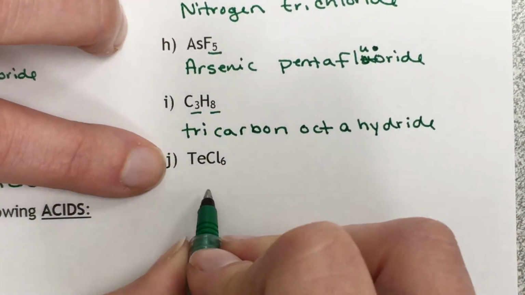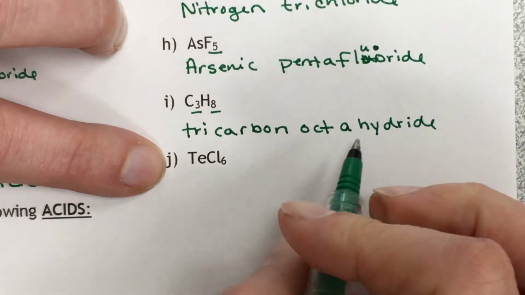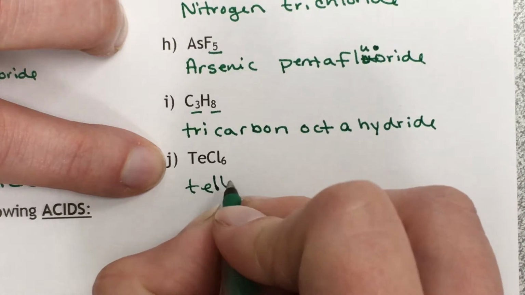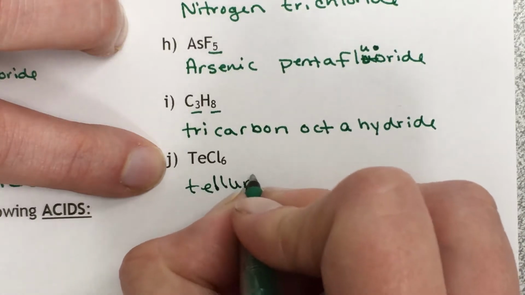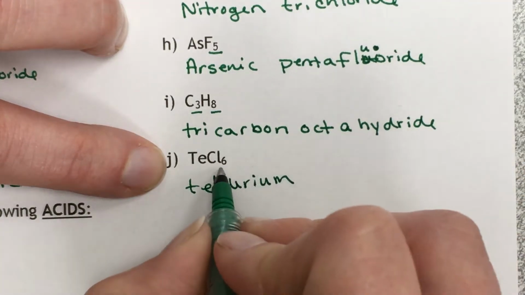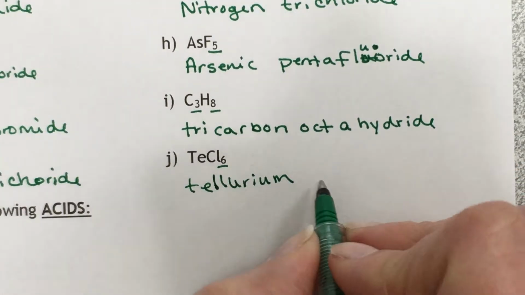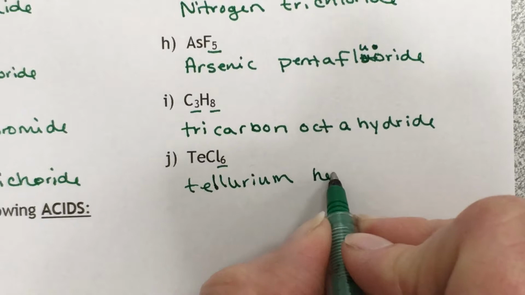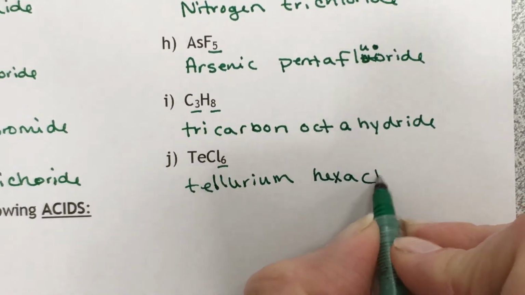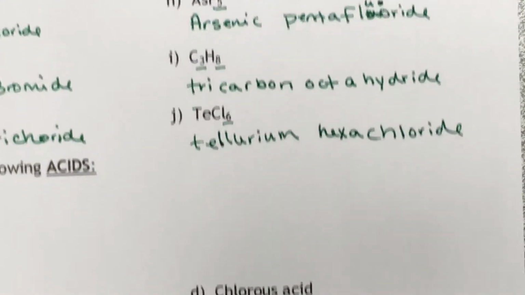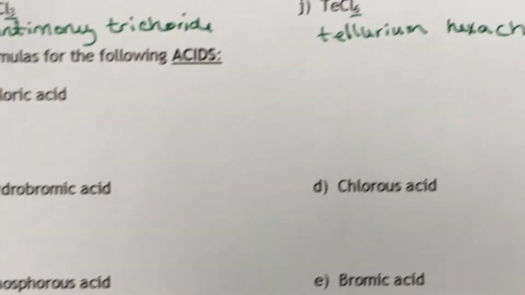All right, and then we have not monotellurium, but just tellurium. Sorry. Doesn't matter, as long as you can spell it and read it off the periodic table. The prefix for 6 is hexa. And then chloride. That's it. This is very easy. It's probably the easiest part of the test, in my opinion.